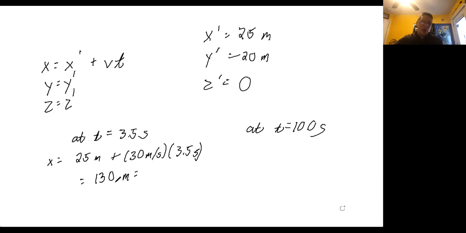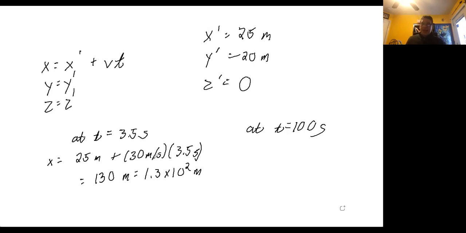Since you don't actually know it to the nearest unit, you know it to the nearest 10, because there are only two significant figures in this term. I prefer to write it 1.3 times 10 to the 2 meters to signify that this 0 is insignificant. It's insignificant because you only know these numbers to two significant figures, but when you multiply them together, it's a 3-digit number.